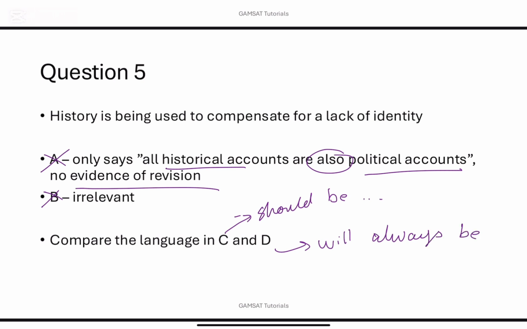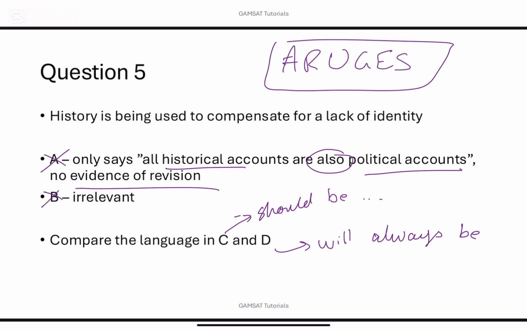Now remember, the key verb was argues. So which one, if you forget everything else I've just said, which one of these is arguing? If I want to make an argument, would I stand up and say, we should be considering this? Or will I stand up and say, we will always be doing this or considering this?